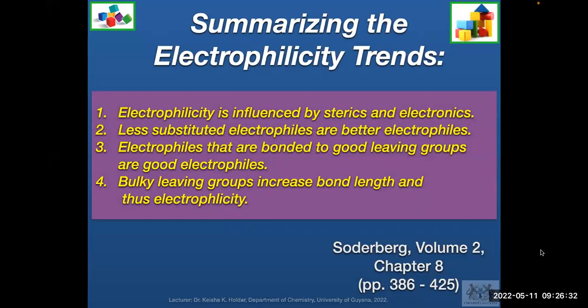Now, some of these trends will change depending on the context of the reaction. So if we are talking about an SN2 reaction, we will find that there will be particular patterns that govern that reaction that will allow us to identify appropriate electrophiles and nucleophiles for the reaction itself.